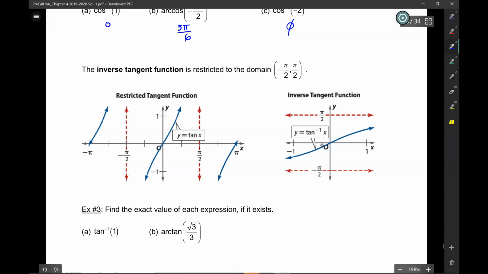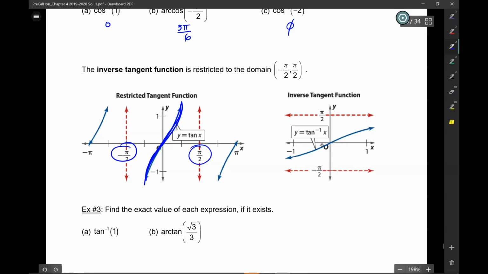Okay, tangent. Again, tangent has these arms, no way of passing the horizontal line test. So we take one arm, and we happen to take this one. Now, watch this. What is the restricted domain for this now?